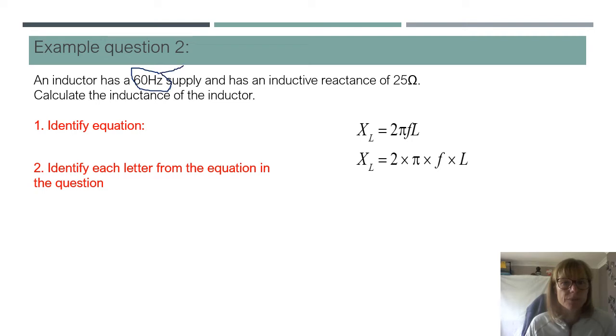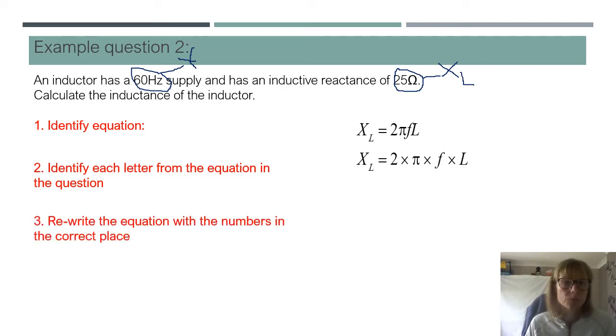There's our F. Sorry, that's bad writing. And then we've got our inductive reactance here of 25 ohms, which is our XL.